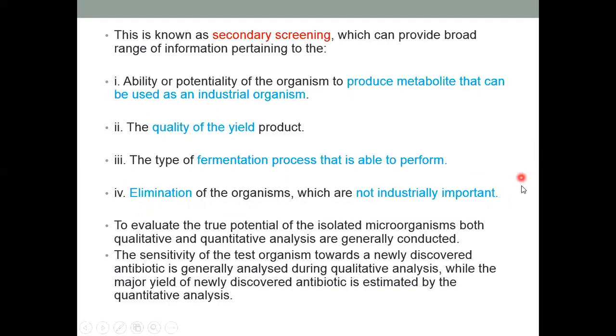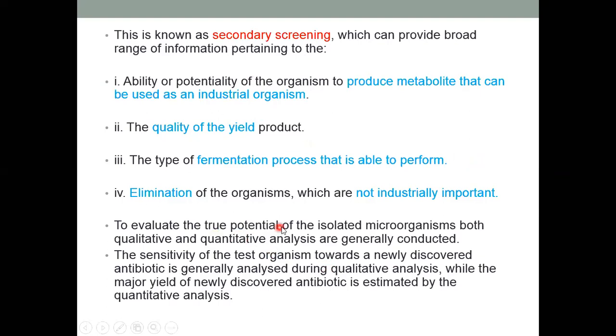So once you're trying to understand the ability and potentiality of this microorganism, and then the quality of yield and the kind of fermentation, once you work on these three, you know which microorganisms are industrially important, and then you can eliminate the ones which are not industrially important, right?